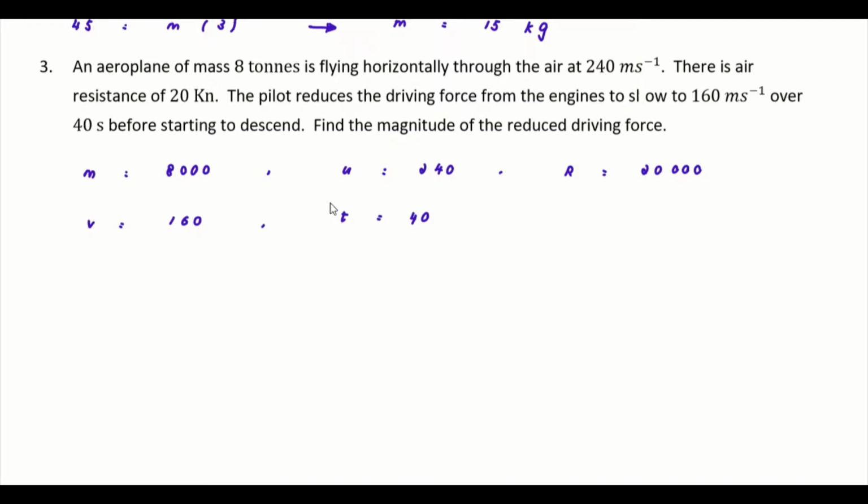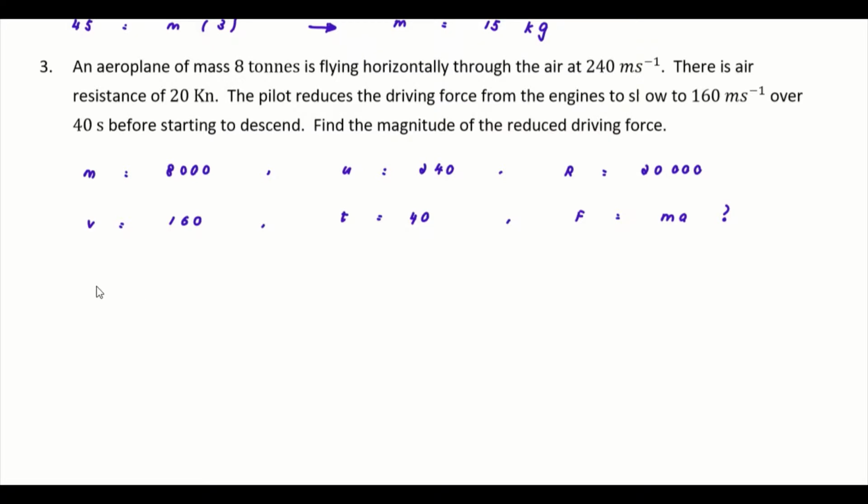So for us to find it, same thing, we need to know that F equals ma. So we need to find the force, which means we need to know the mass and also the acceleration first. Can we actually find the acceleration? We have three variables relating to motion: u, v, and t.